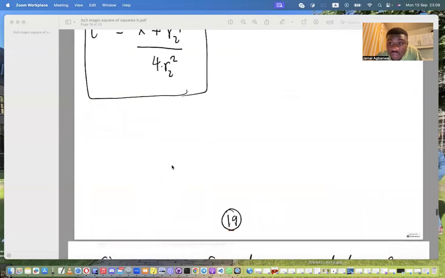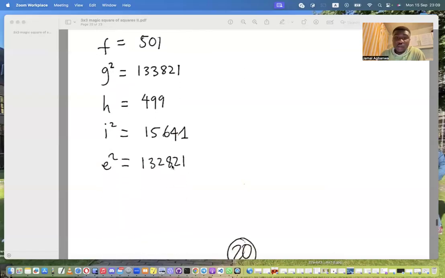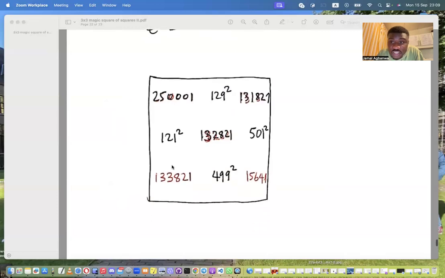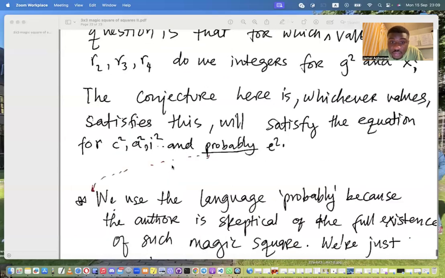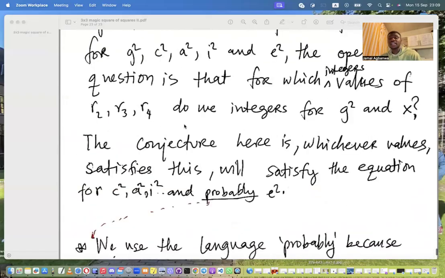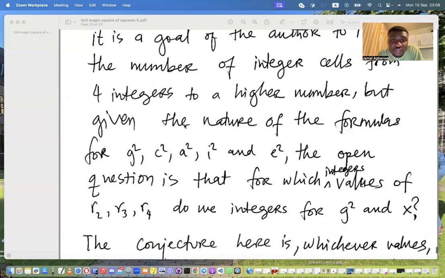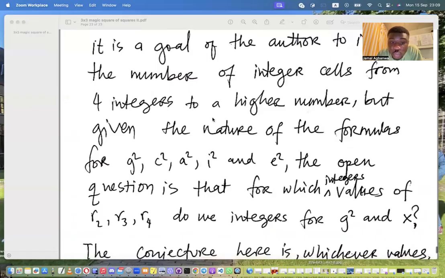So right now, this is the formula I've been able to get. And so yeah, these are our results for now. I've shared my results on Figshare, which is still handwritten. So over here, I even conjectured something, given the question I posed here, that the open question is, for what integer values of these values do we get integers for g squared and x, you know?